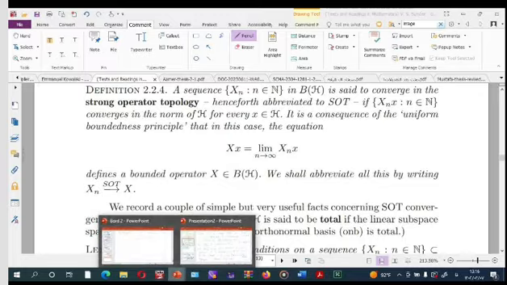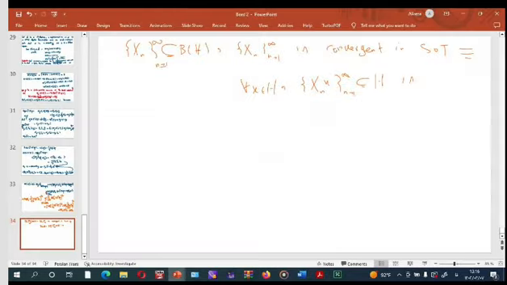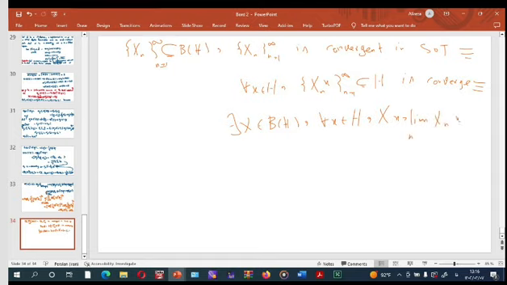Okay? And this holds if and only if there exists X in B of H such that for any x in H, X of x equals this limit, because we know that this limit exists, as n tends to infinity.